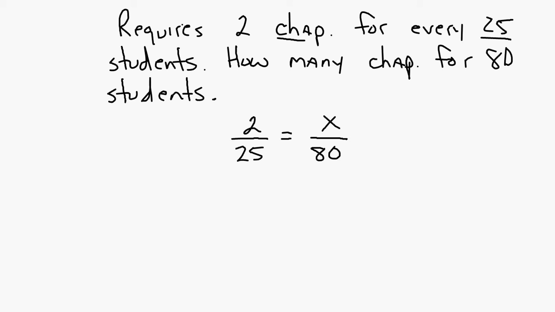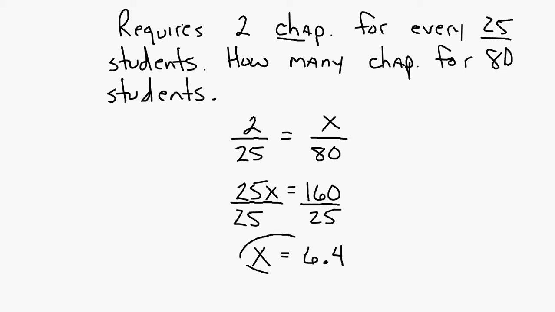So you're going to crisscross multiply. So 25 times x is 25x. And 2 times 80 is 160. You then divide both sides by 25. And x will be equal to 160 divided by 25. And that's 6.4.